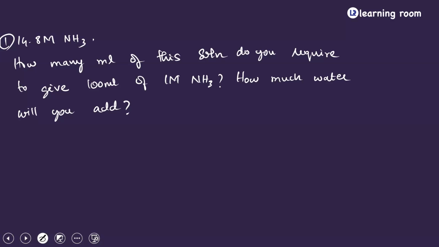Now shall we solve this question. ரெண்டுலயும் என்ன similarity இருக்கு? 14.8 M ammonia is the initial concentration of the ammonia, correct? Now how many ml of this solution do you require to give 100 ml of 1 M ammonia? The number of moles is the same in both.